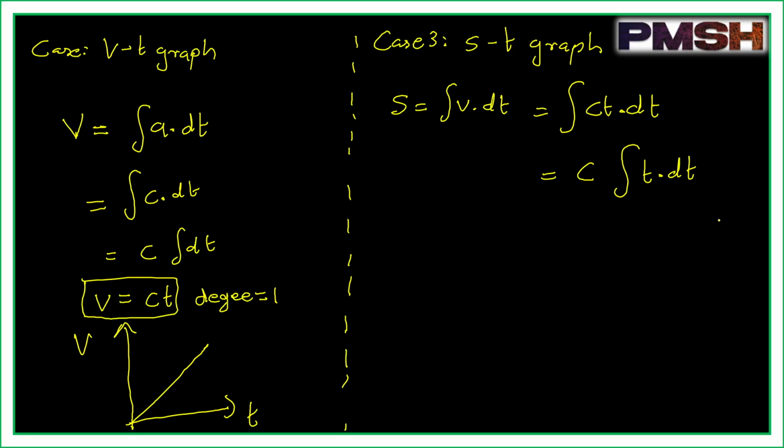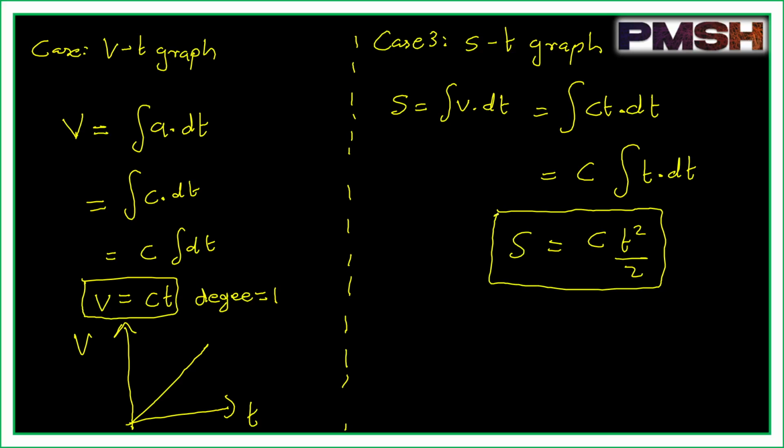In the next lecture, I will be discussing how to do the integration. For now, just understand that integral of t dt is t square by 2. I'll tell you how it became t square by 2 in the next lecture. So you get the equation for displacement.